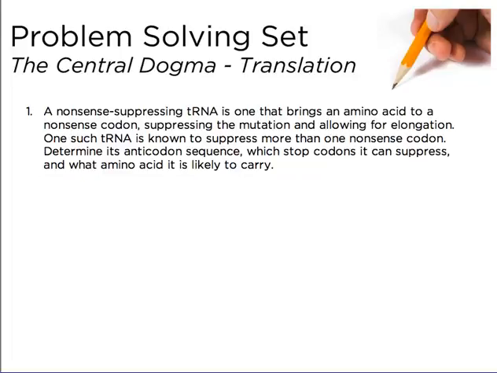So there's some theory that we have to go over before we can solve this problem. First, a nonsense codon comes from a nonsense mutation, and this encodes for a premature stop. However, these nonsense-suppressing tRNAs, instead of signaling for translation to stop and the ribosome subunits to come apart, bring down an amino acid to incorporate into the polypeptide chain, and so elongation can continue.